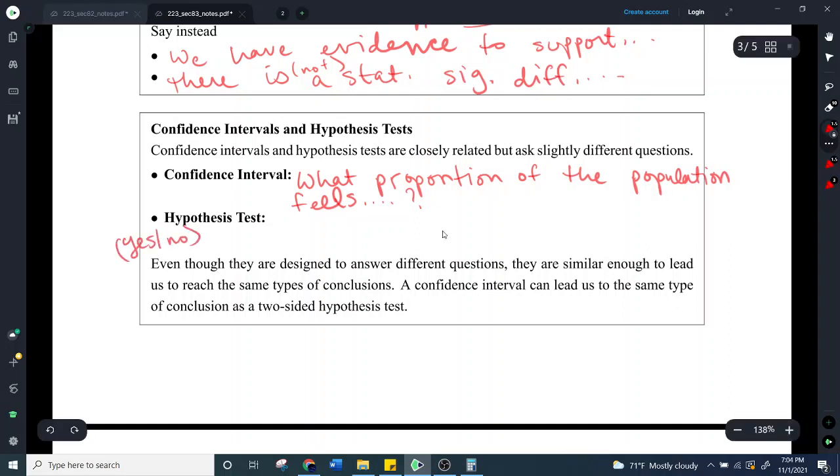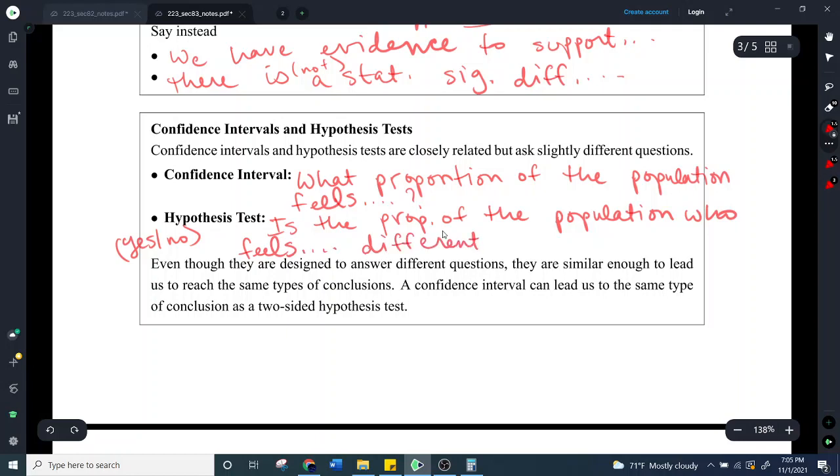A hypothesis test is more of a yes or no question. A hypothesis test is more something along the lines of, is the proportion of the population who feels a certain way different from something previous or something else? So you're comparing. With a hypothesis test, you're comparing.